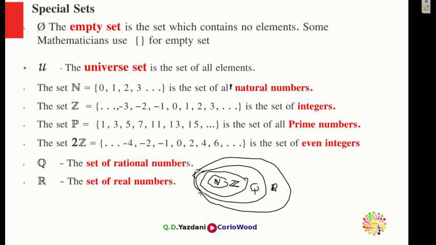So now you tell me, Mr. Yazdani, you showed us the complex numbers, which I'm going to put here, but where does the imaginary number go, because we also discussed complex numbers and imaginary numbers. I said the imaginary numbers are very useful. So how are we going to visualize this one?